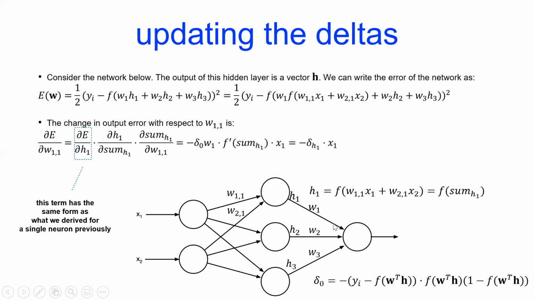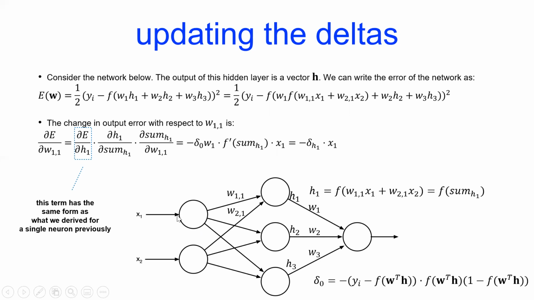But now those inputs are from the previous layer. So what is H1? H1 is another layer of weighted sum sent to an activation function to produce this H1. Okay, so this is one critical point. Please pay attention.